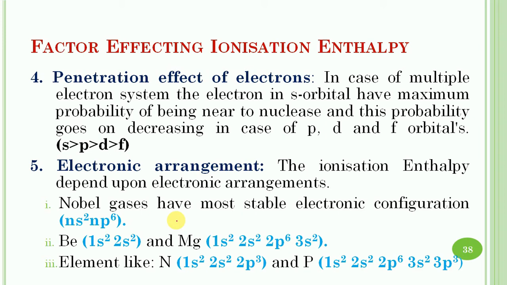The fourth one is the penetration effect of the electron. In the case of a multi-electron system, the electrons in s orbitals have maximum probability of being near the nucleus, and this probability goes on decreasing in the case of p orbitals, d orbitals and f orbitals.